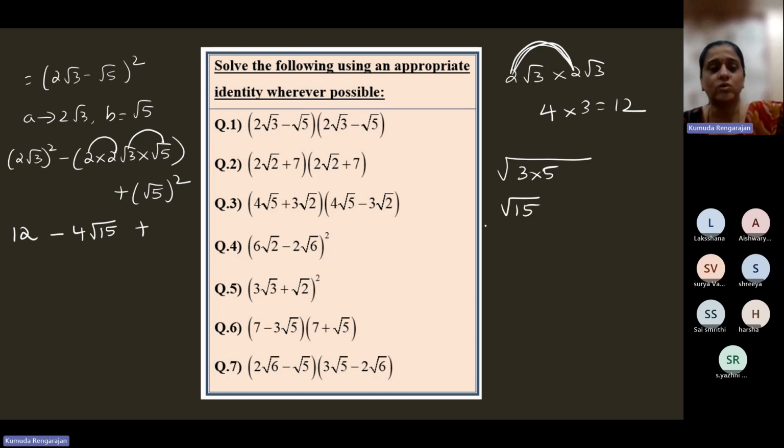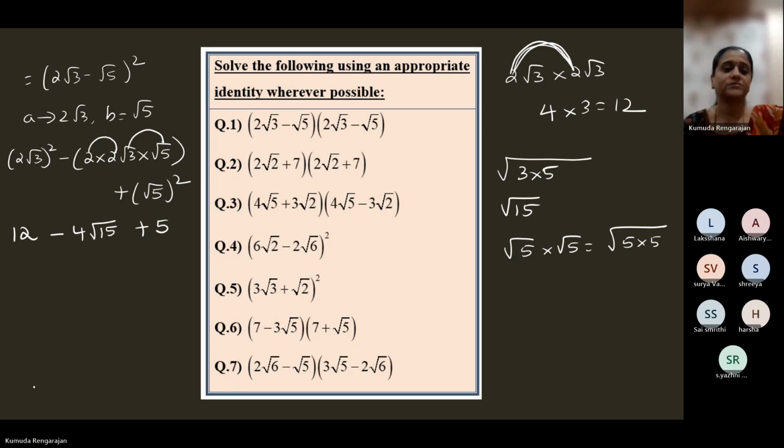Plus root 5 the whole square is root 5 into root 5, so it is square root of 5 into 5. From 2 5s, 1 5 out. So 5.